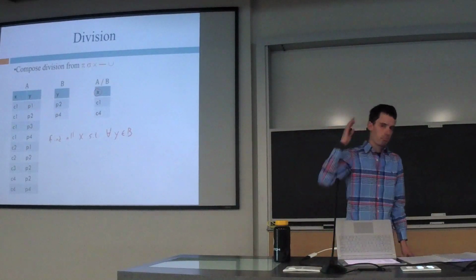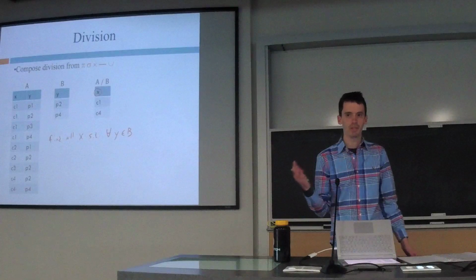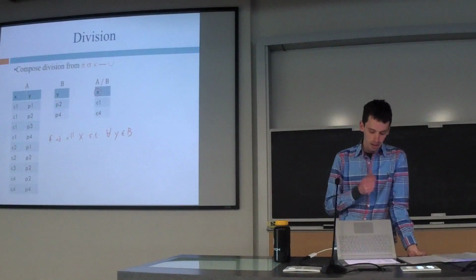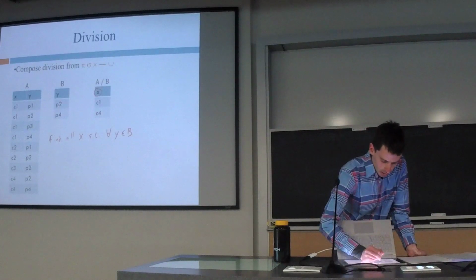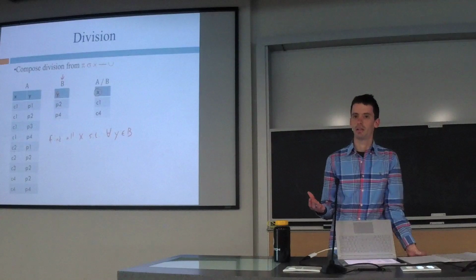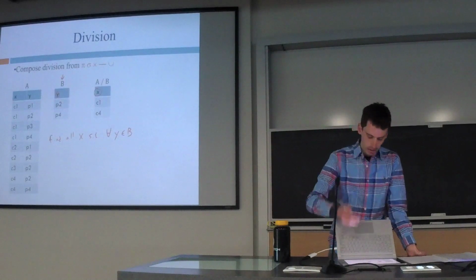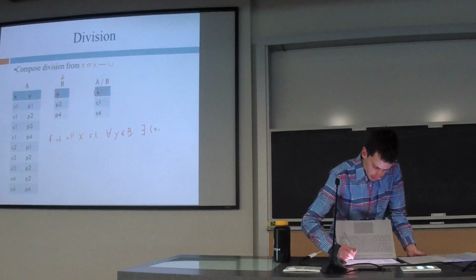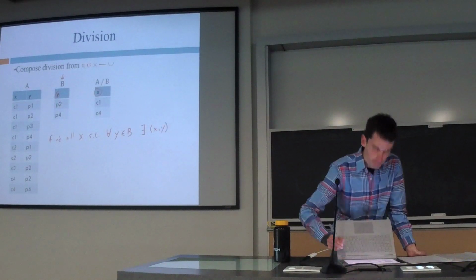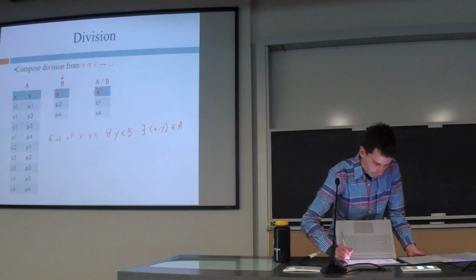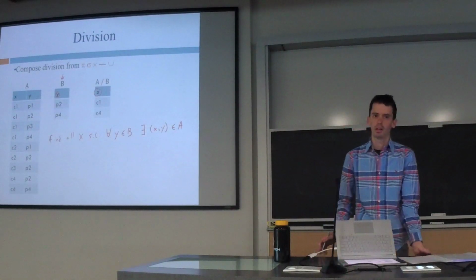I'm sure you've seen this notation in 2100. So for all Y in B, and remember B is the parts that we're interested in, the parts list, there exists an XY pair in A. Okay?